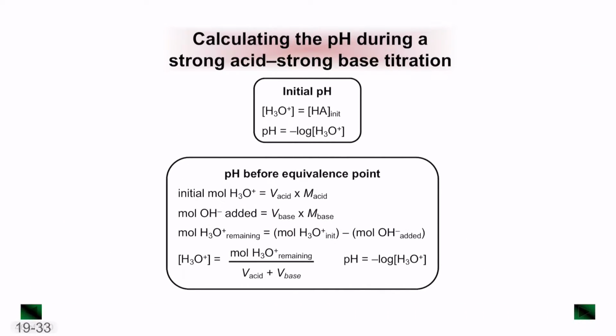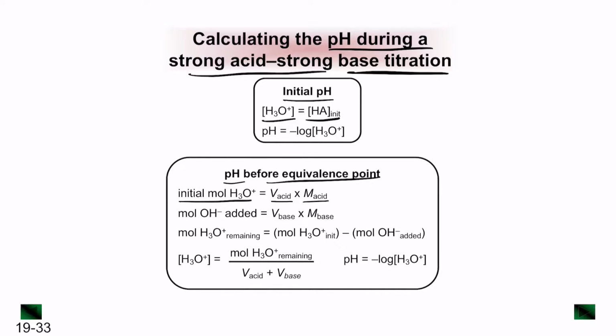So how do you calculate the pH in a strong acid, strong base titration? The initial pH can be calculated from the initial concentration of the acid. For the pH before the equivalence point, first we calculate the initial amount of H3O+, which is the volume of the acid times the molarity of the acid, and the amount of OH- being added, which is the volume of the base times the molarity of the base.